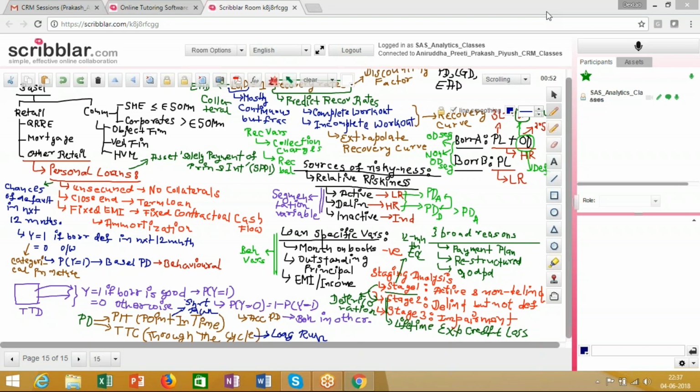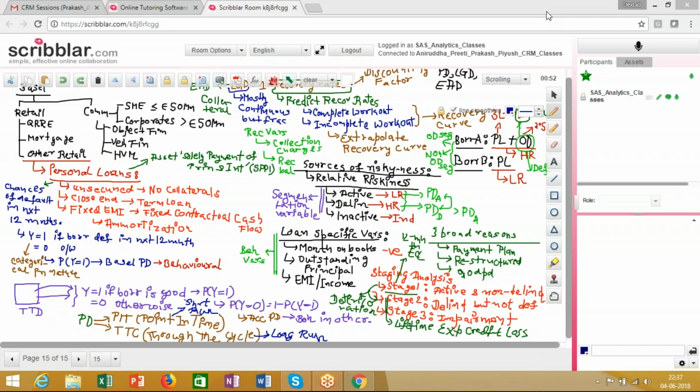So one very important challenge is that it is very difficult to find actual variables which are through the cycle in nature, especially in different kinds of products which incorporate the retail and the commercial portfolios, right?